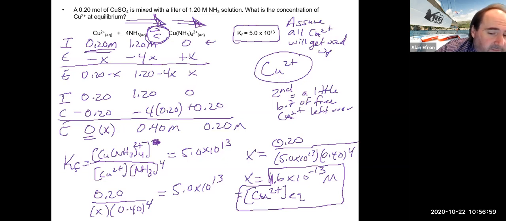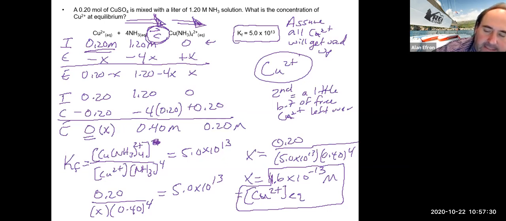That is like 1.6 times 10 to the minus 13. That's almost like having none, basically, right? You have to go all the way out to like 12 decimal places to find the amount of copper in this particular example. And that validates that pretty much most of all of it, almost 99.9% of it, is in the complex ion, but you still have a super small amount that is still free. Any questions on that calculation there?